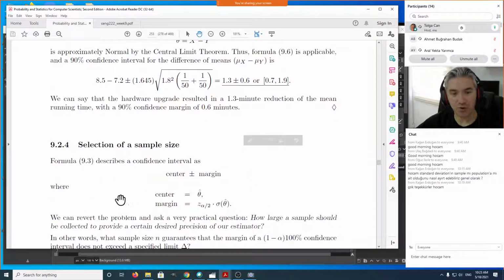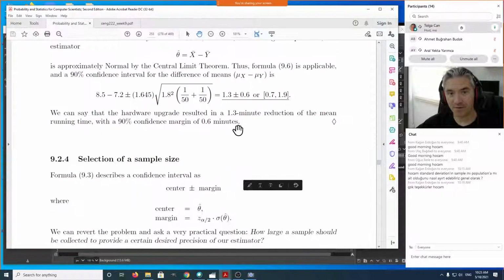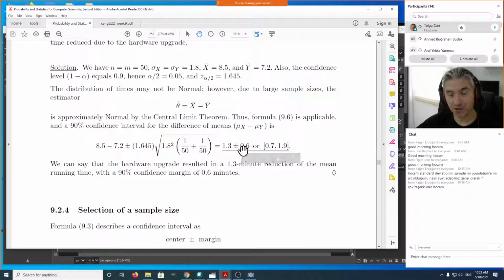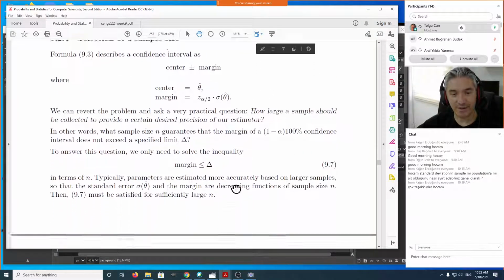So 9.24 is about this. If you want our margin to be less than some delta, for example less than 0.1, we want to be close to the actual thing.